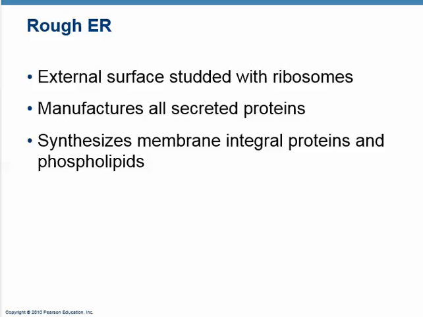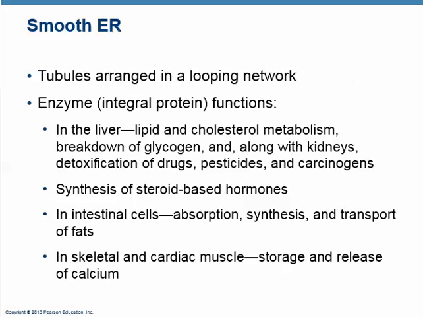The smooth ER really has enzymes on its surface, and they're involved with cell functioning, with chemical reactions that happen in the cells. So the smooth ER in hepatocytes in the liver helps break down glycogen, detoxify drugs, etc. Steroid-based hormones are made here.